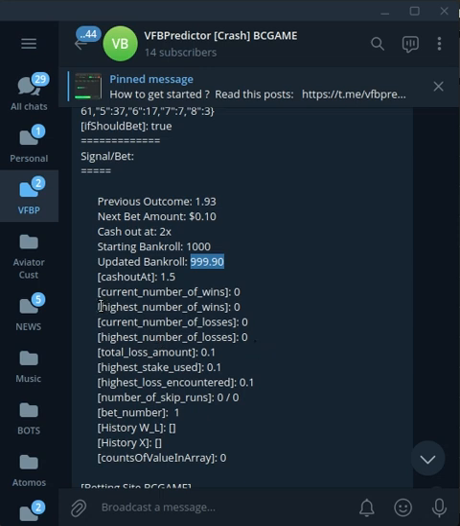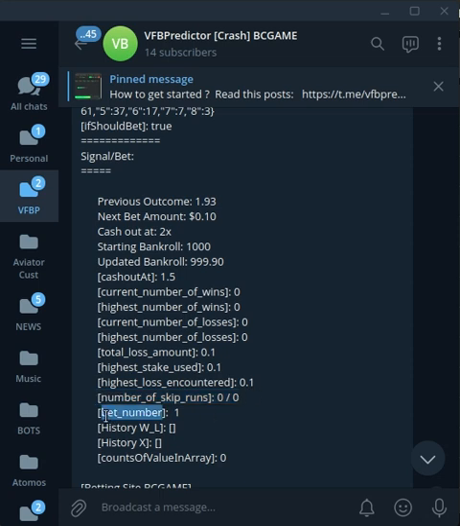The highest number of wins and highest number of losses keep track of the highest number of consecutive losses and wins, so that you can know on average what the highest number of losses is, right? It also shows you the total loss amount, the highest stake used, and the highest loss encountered, and this is just other information. They are not so useful right now.